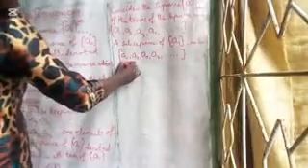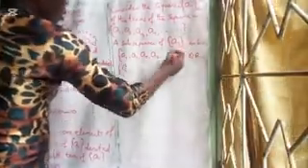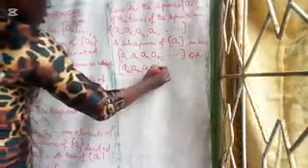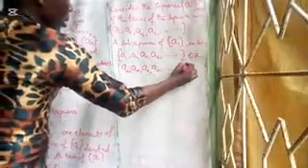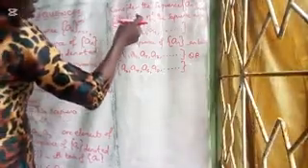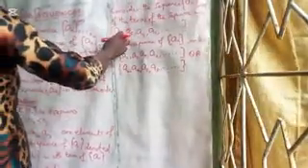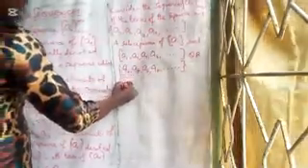Or I choose the even terms, a2, a4, a6, a8, and it continues like that. Or I just choose any terms insofar as it maintains the same order. Maintaining the same order in that a3 is after a2, and not a2 coming after a3. What do I mean by that?